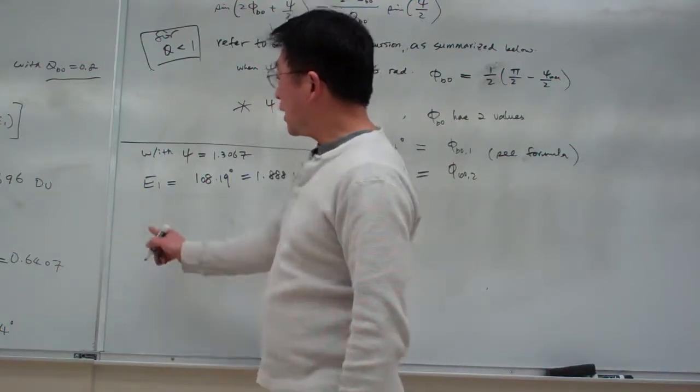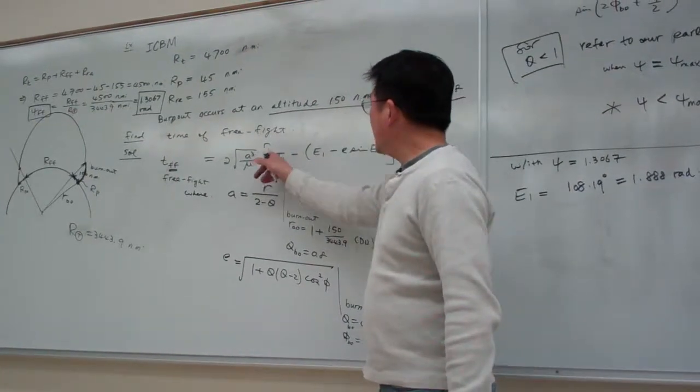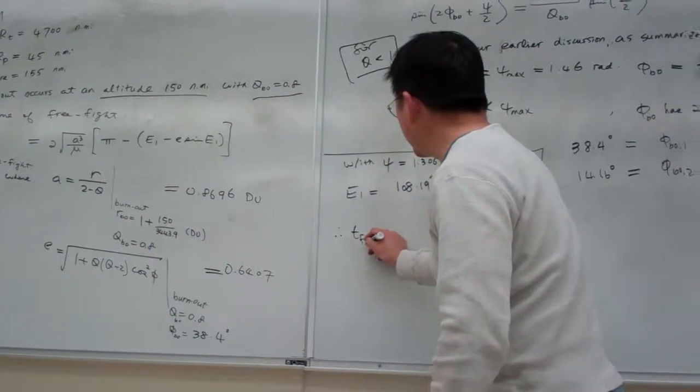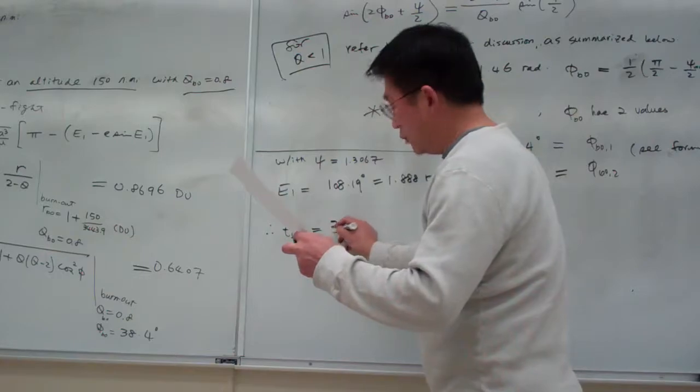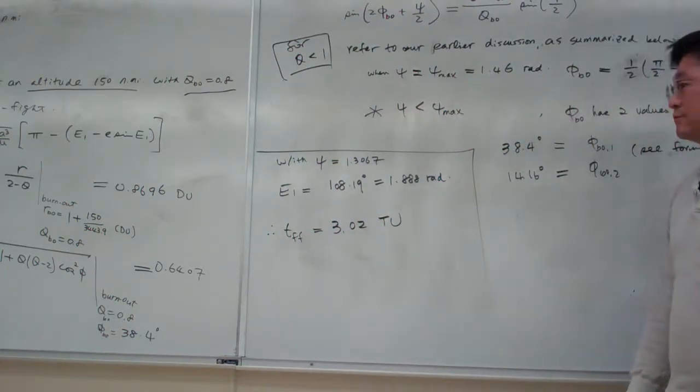So therefore, we have everything ready. For this formula, we have A, and we have E, the eccentricity. So the time of flight for this problem is 3.02 TU.